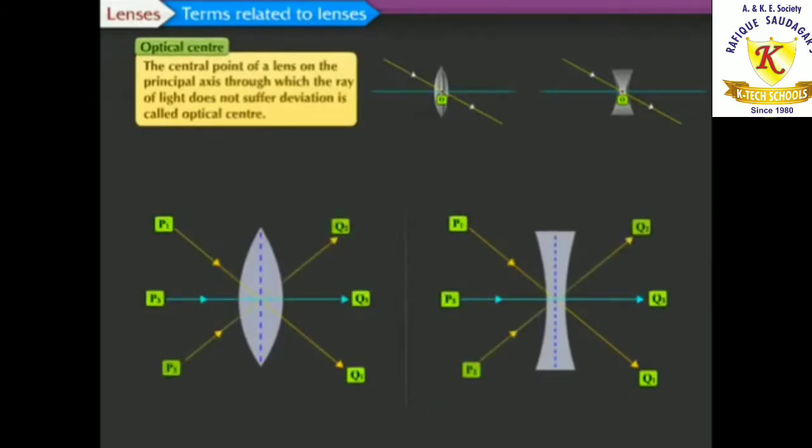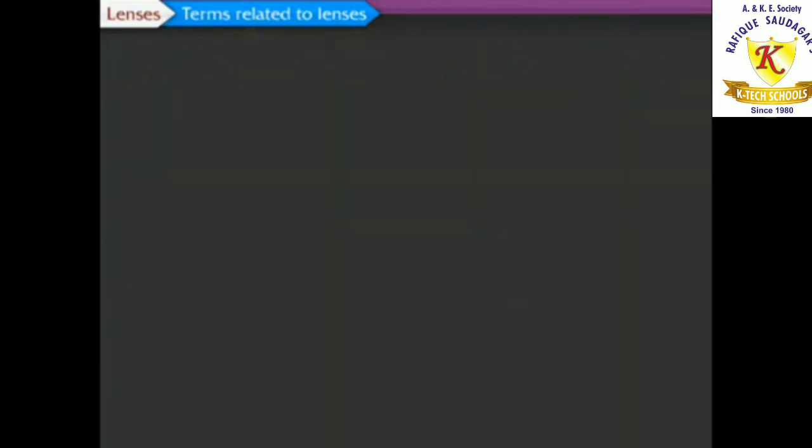Rays P1Q1 and P2Q2 passing through O are going along a straight line. Thus, O is the optical center of the lens.